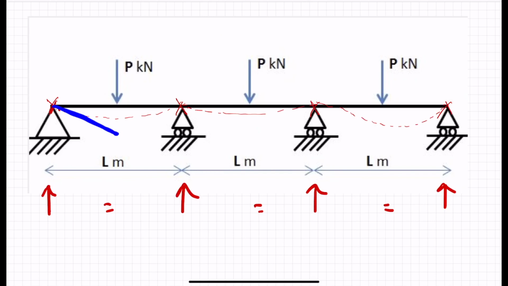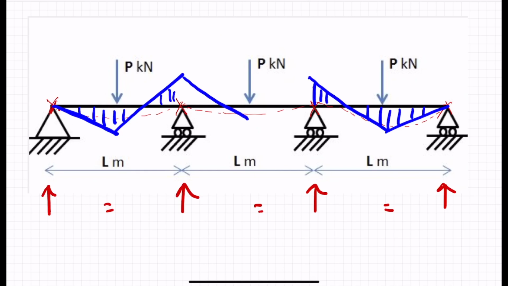So that is going to be a sagging moment at the center. We're expecting a hogging moment at the internal two supports, but this is likely to go into sagging again, and the important part here is that this magnitude is lower than the outer spans.